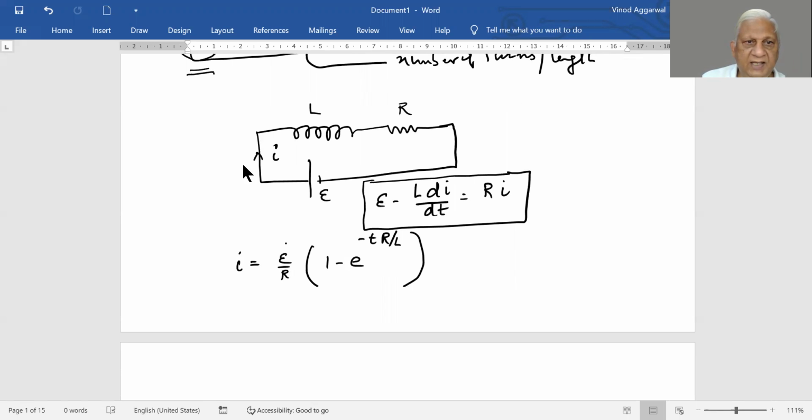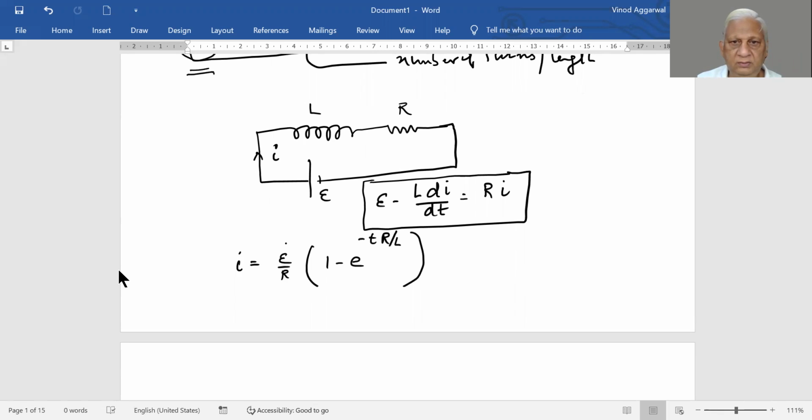this expression, which says I at any time t in this loop is given by the EMF of the battery that you have connected divided by the resistance, where R is the resistance and L is the inductance.